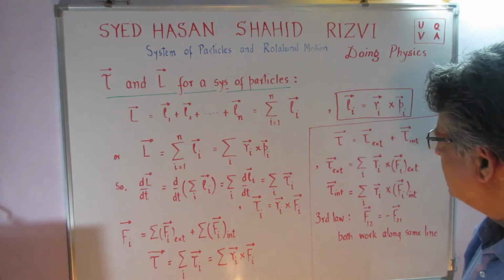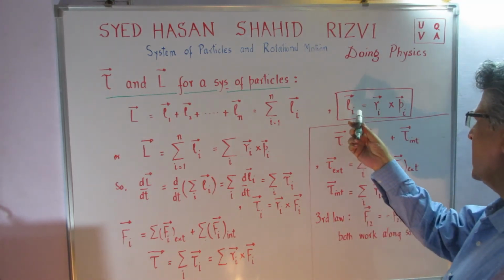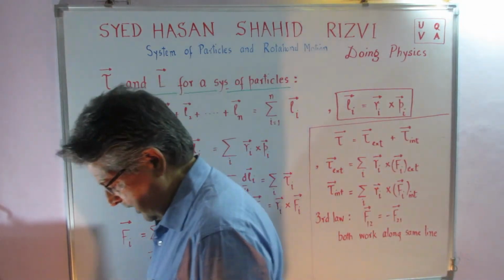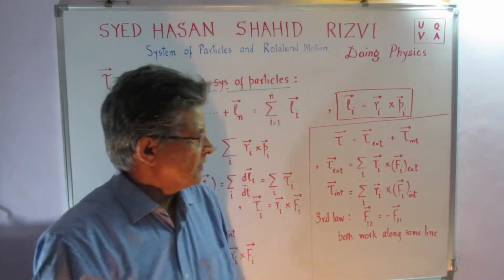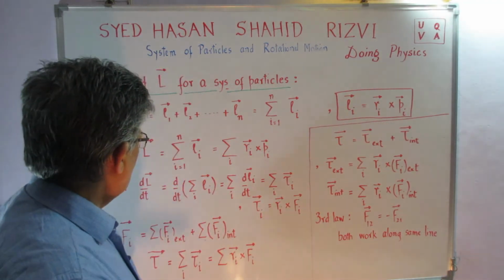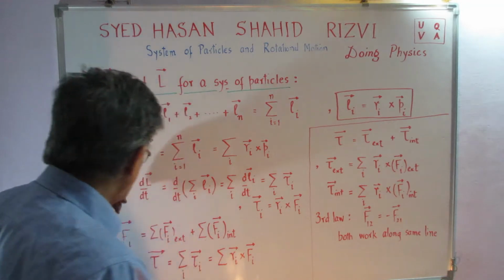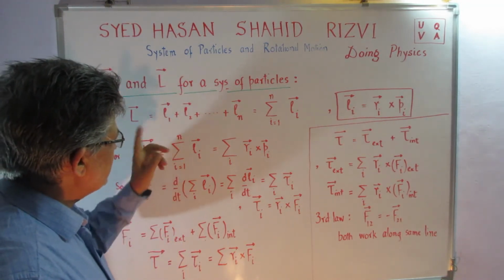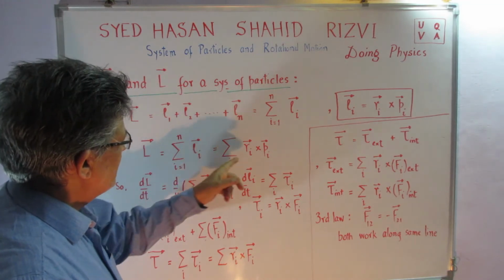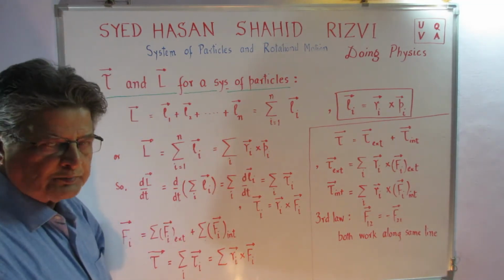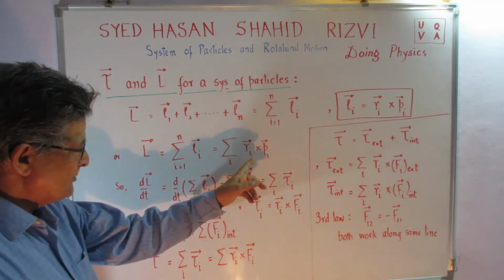And here, of course, Li is Ri cross Pi. The definition, Ri cross Pi. So if I write further, L is equal to the sum from i to n of Li, and this by definition is Ri cross Pi.